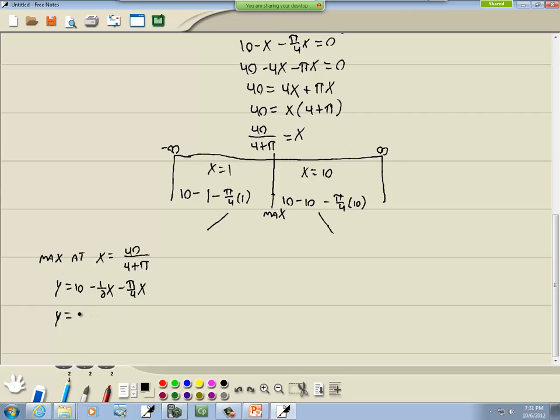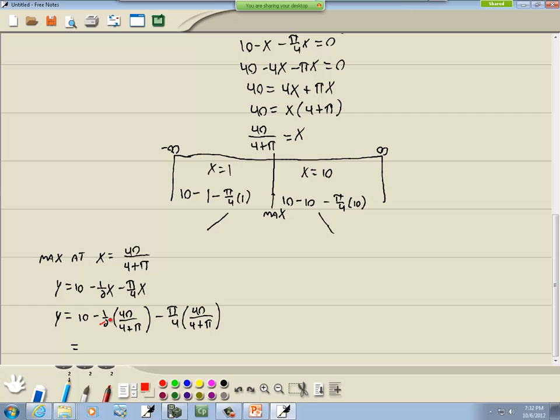Okay, so we got 10 minus 1/2 times x, which is 40 over 4 plus pi, minus pi over 4 times 40 over 4 plus pi.